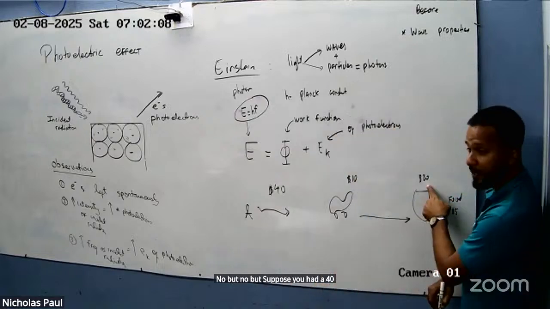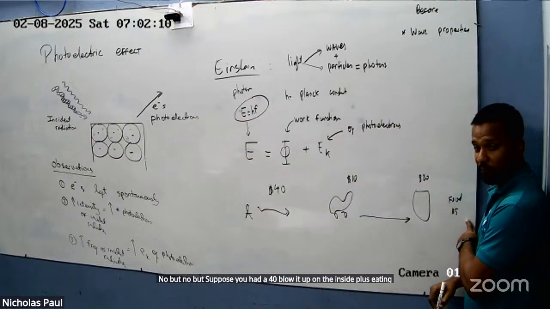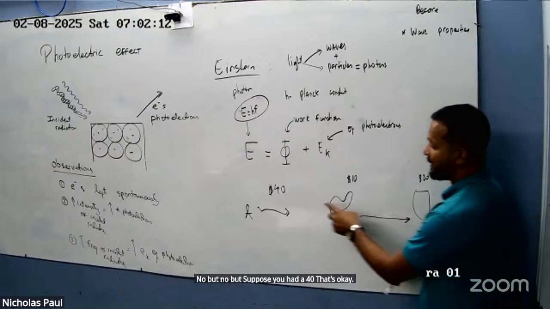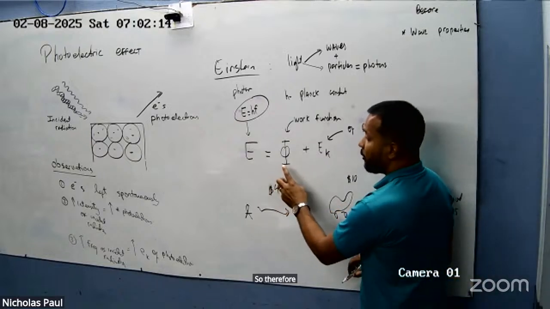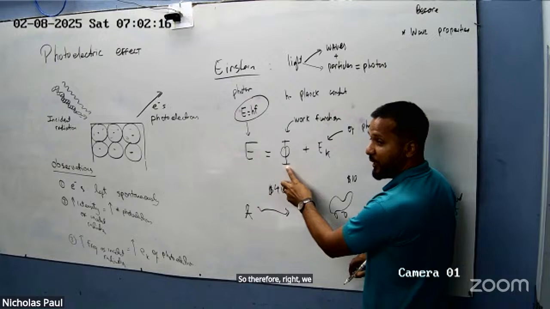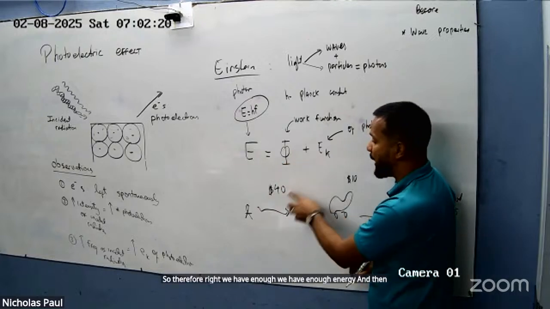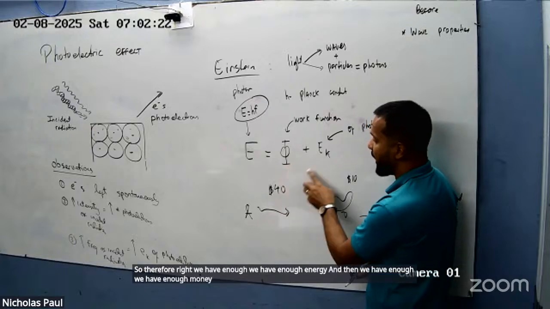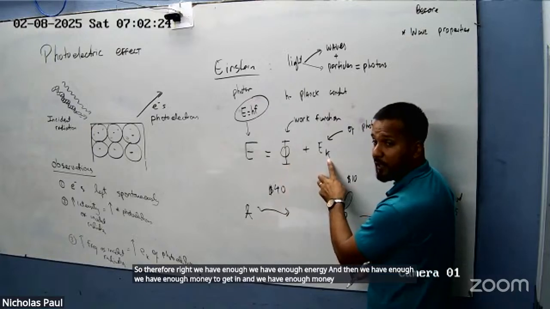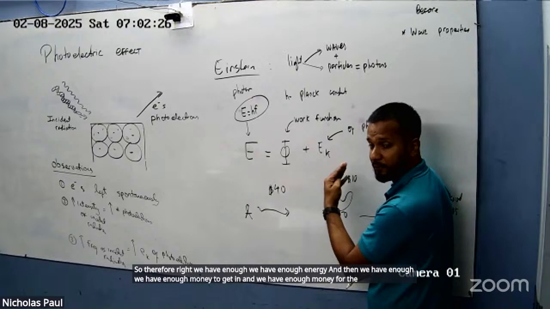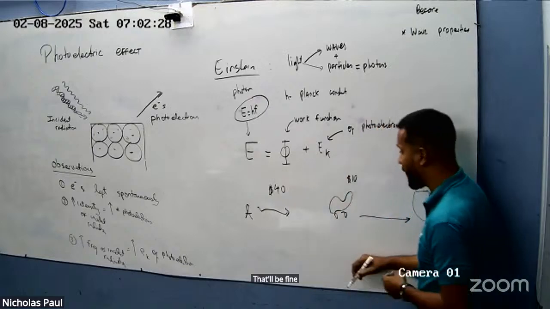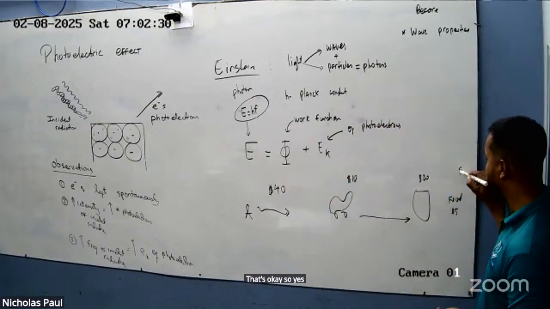You're inside, plus you're eating food. So we have enough energy to get in, and enough for the electrons to leave with. That'll be $5 basically. That's okay?